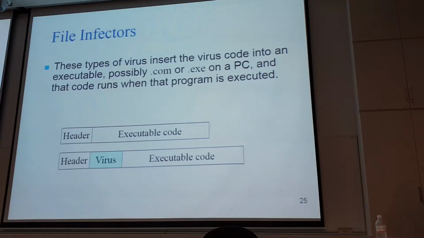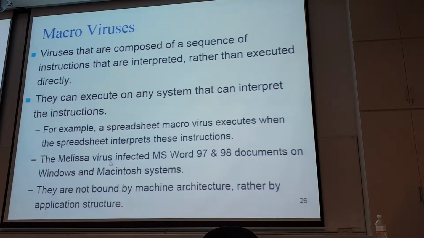So when you execute this program or file, the virus will be executed, because we just directly put the machine code here. Similar to the buffer overflow, if you put some machine code in the memory and you return the control to the memory, then the code will run. Similarly, here if you put the machine code directly in an exe file, when someone tries to run this exe file, the virus will be activated.